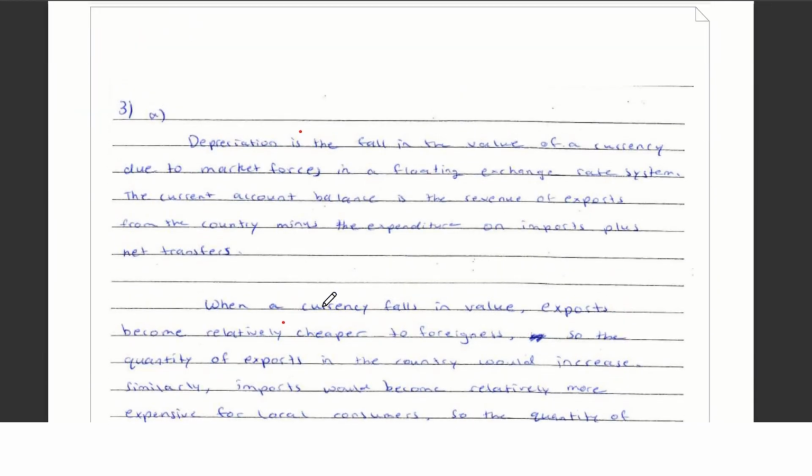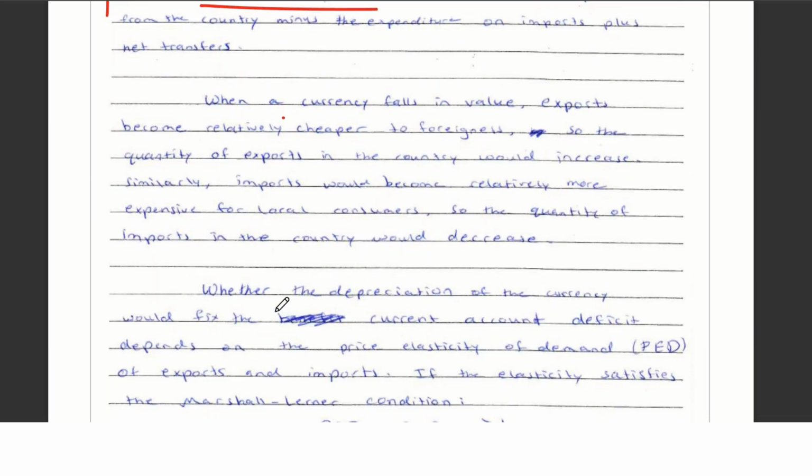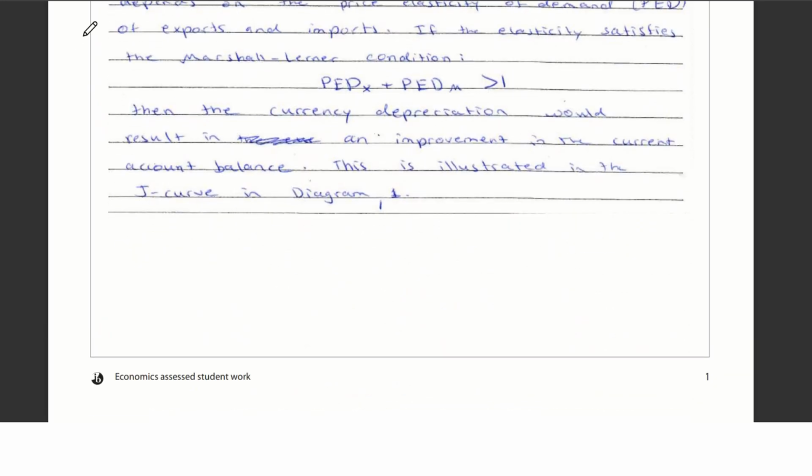See, he explained the meaning of depreciation and also included the meaning of current account balance. After that, he explained how currency depreciation happens and what impact it will have, and he used the theoretical concept of elasticity also.